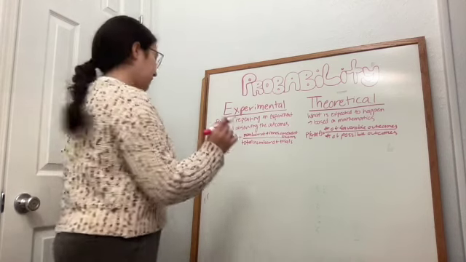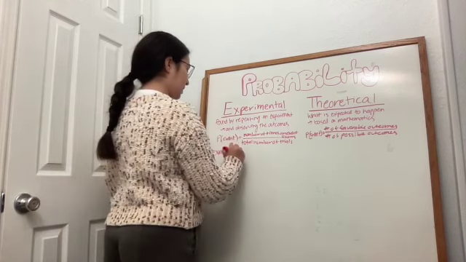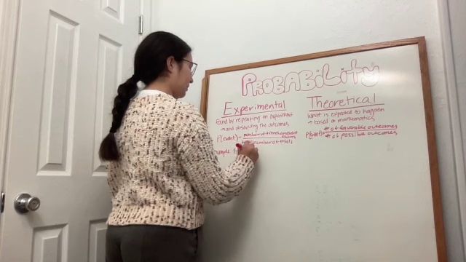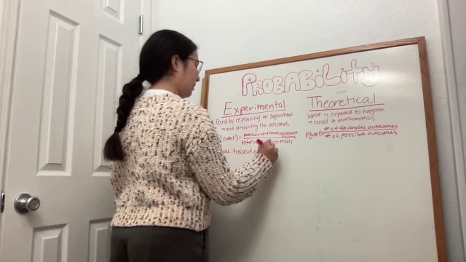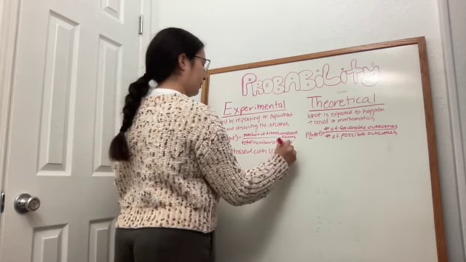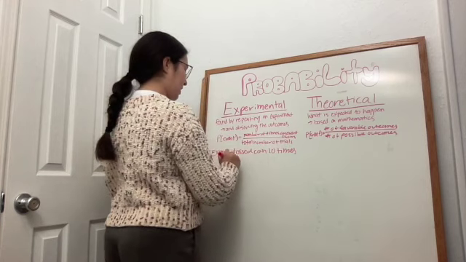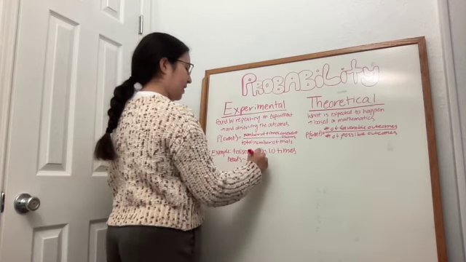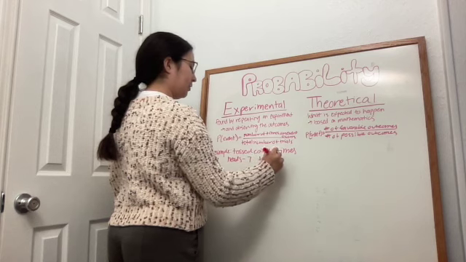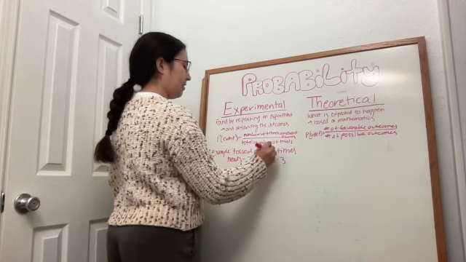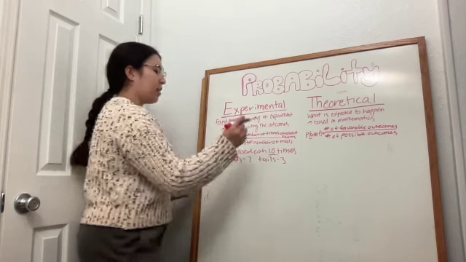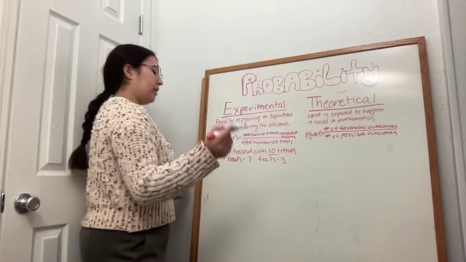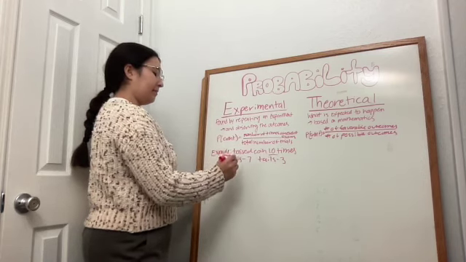All right, so we toss the coin 10 times. It landed on heads 7 out of the times, and tails would be 3 out of the 10. So what is the probability that we landed on heads?